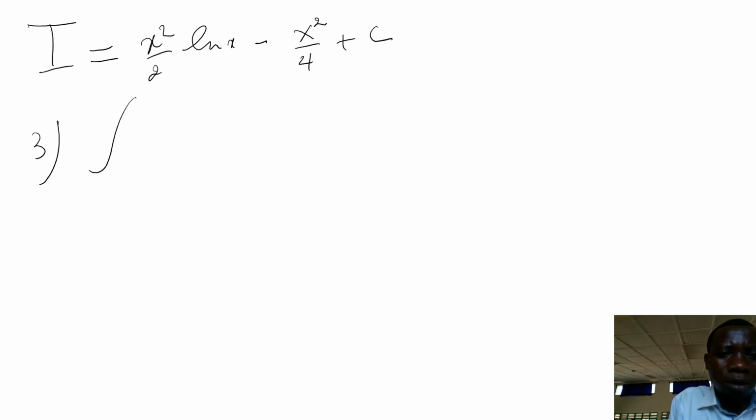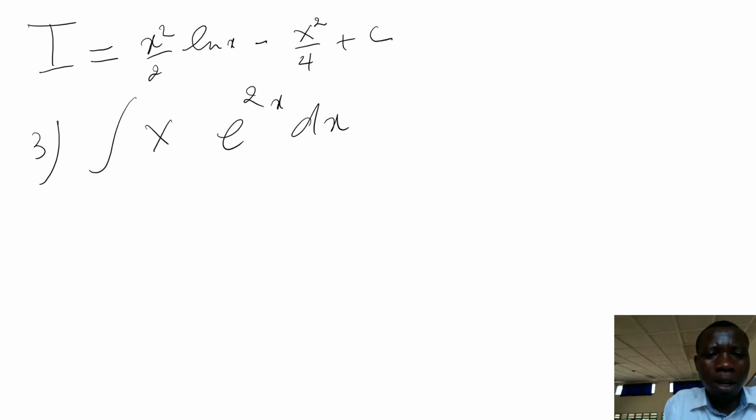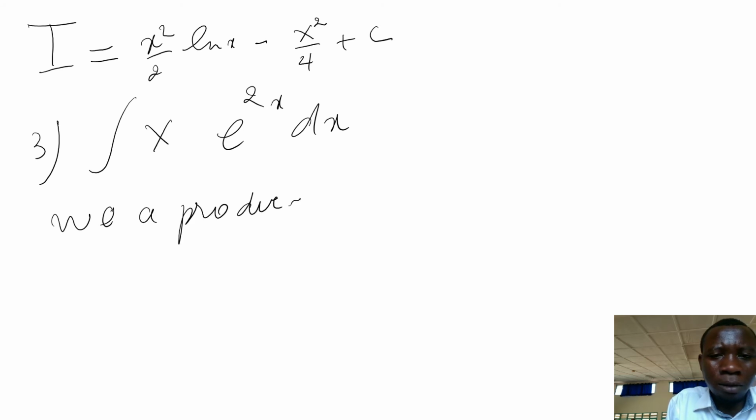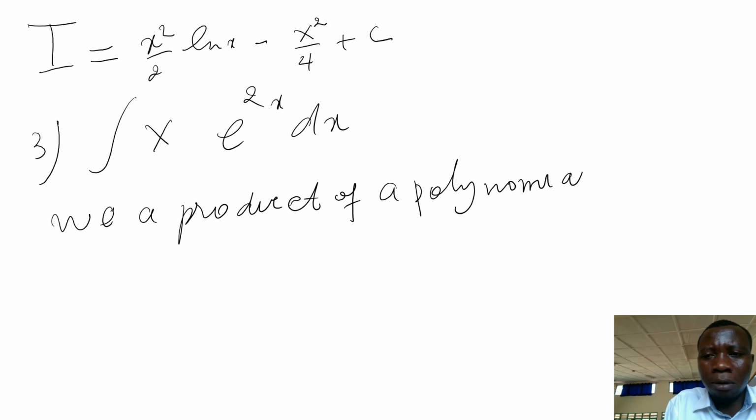Let's do another example. The integration of x e to the power 2x dx. As you can see here, we have a product of two functions. There is a polynomial. We have a product of a polynomial and an exponential function.